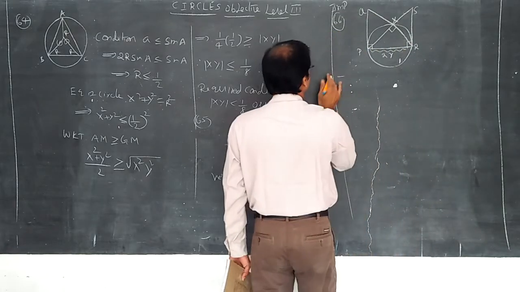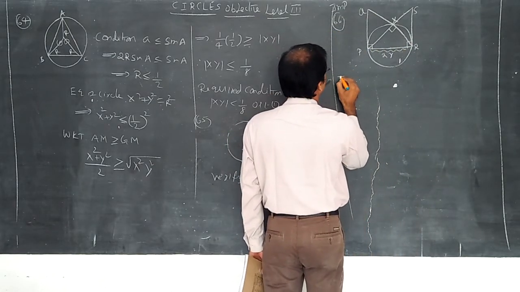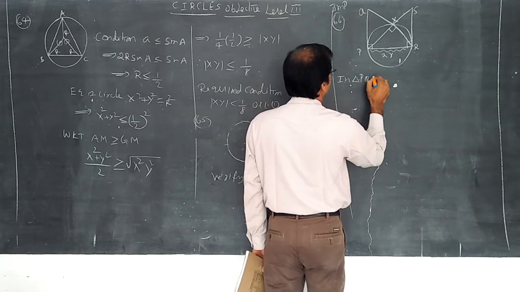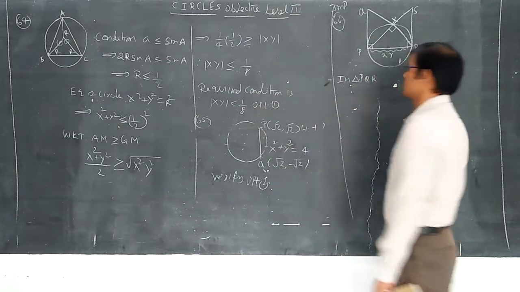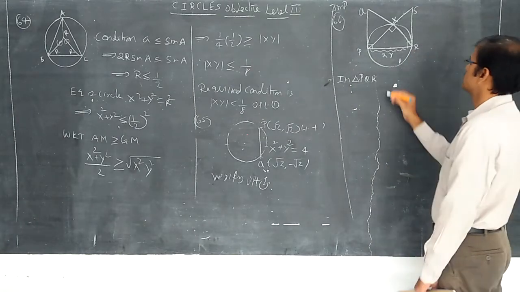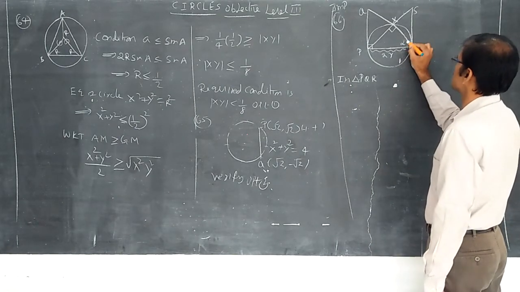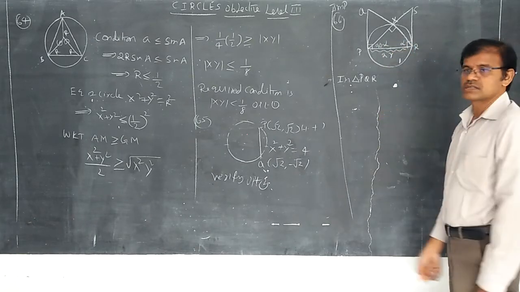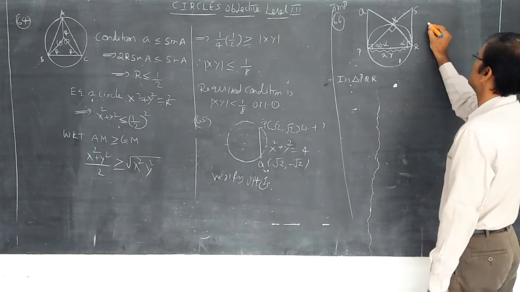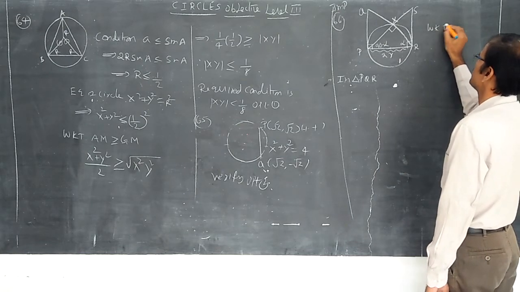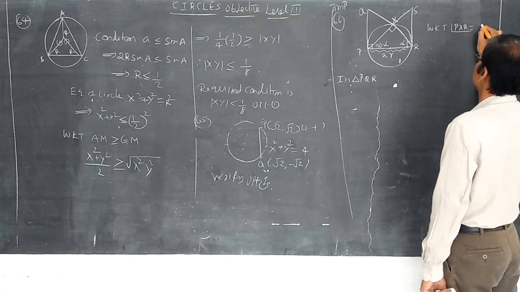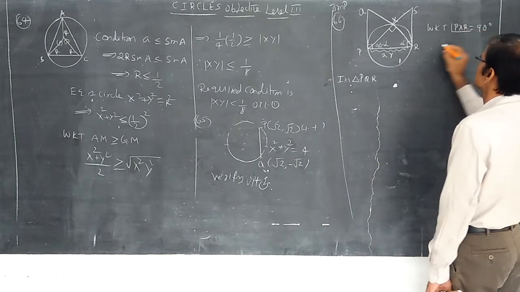So we can write here, in right triangle PQR, let this part be alpha and this part be 90 minus alpha. Why? Because the angle in a semicircle is equal to 90 degrees. We know that angle PXR is equal to 90 degrees.